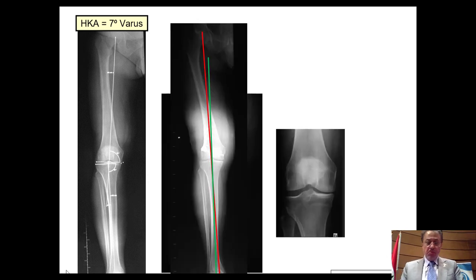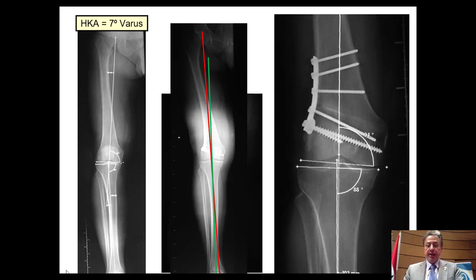Here you have an example from my friend Dominique Saragaglia, and the correction was made for this varus of 7 degrees by performing a lateral closed wedge distal femur osteotomy.